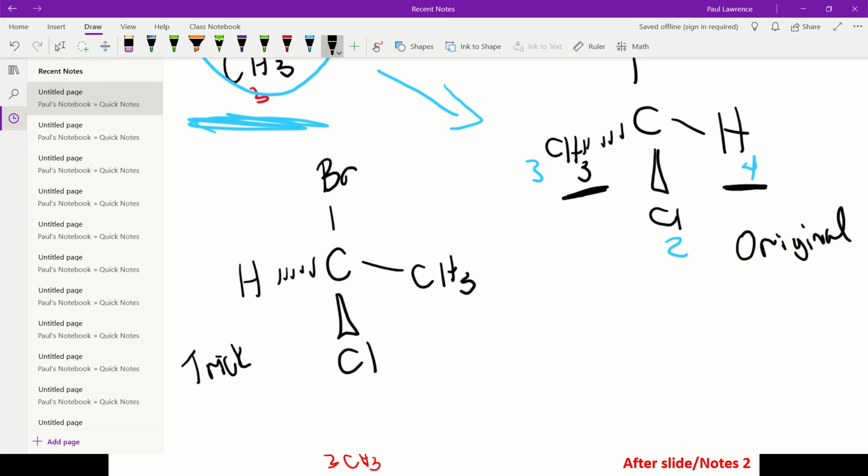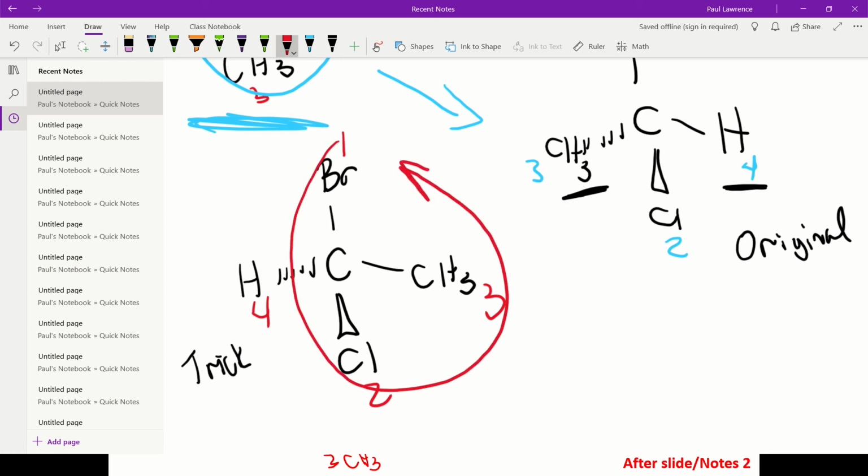Okay? So now with the trick molecule, go through steps 1 through 3. Step 1, prioritize. Step 2, is the lowest priority group a dash? Yes, it is. Now we just go through the numbers, 1, 2, 3. And what direction are we going in?